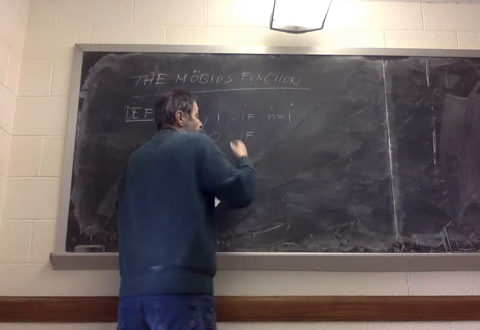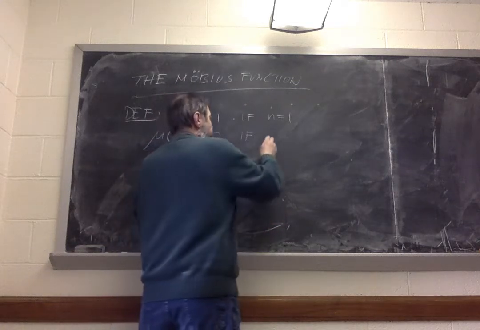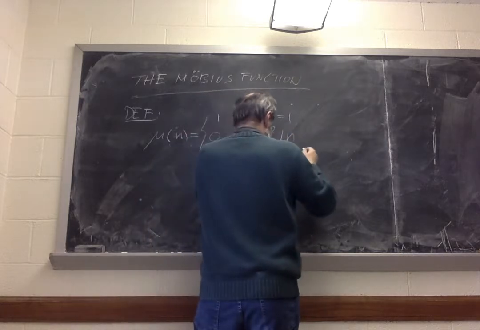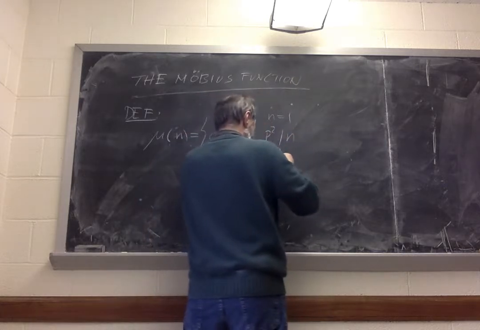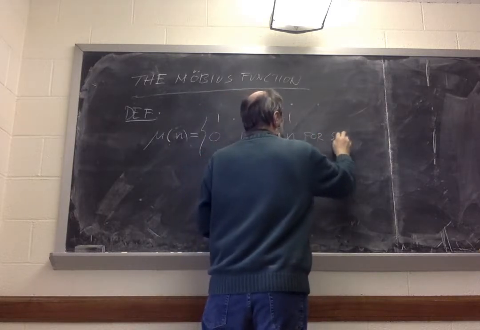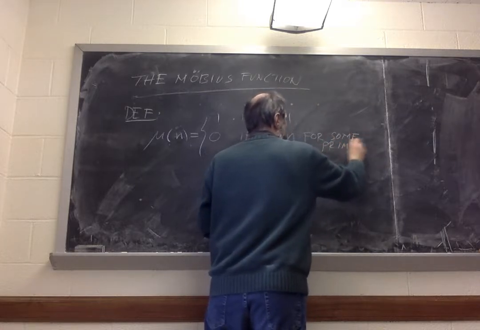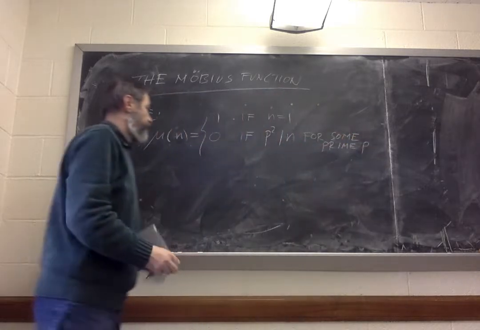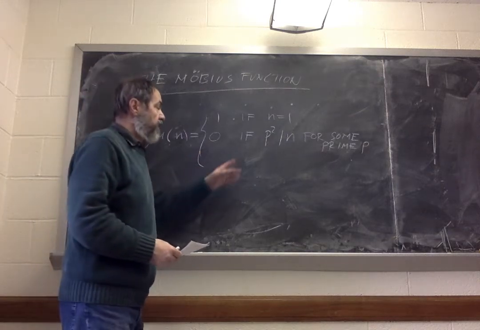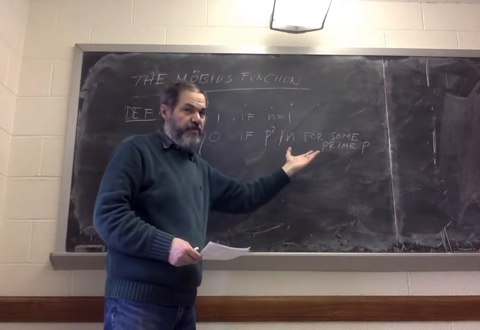If there is a prime p such that p squared divides n, for some prime p. And the remaining case is when there is no square of a prime that's a divisor of the number.